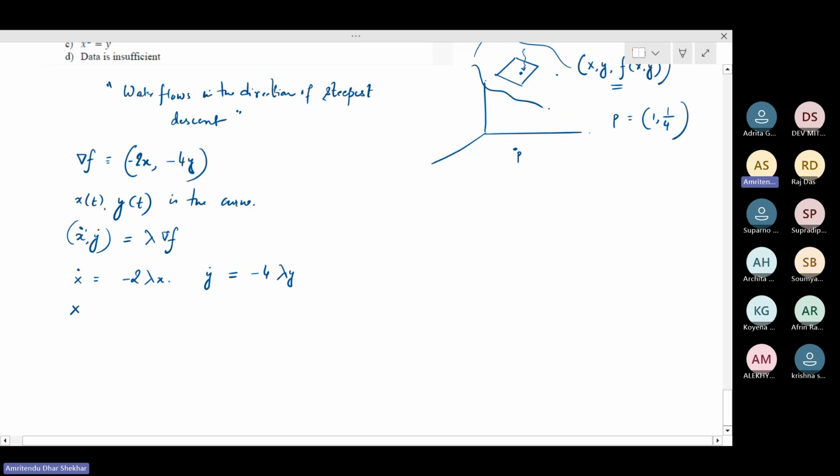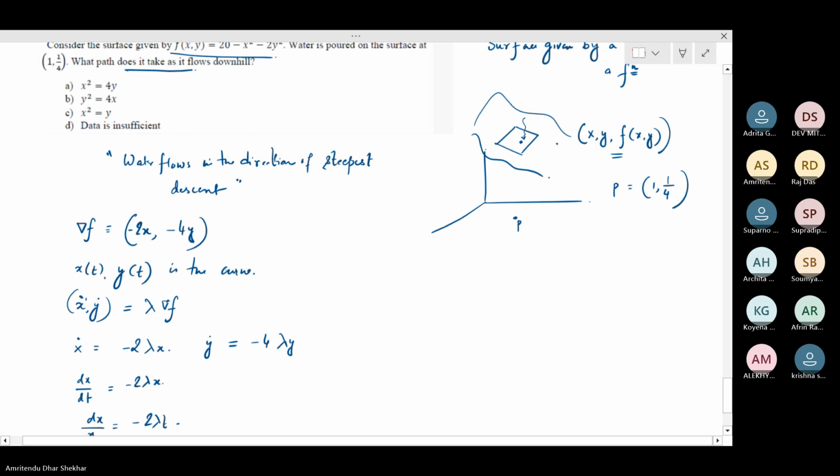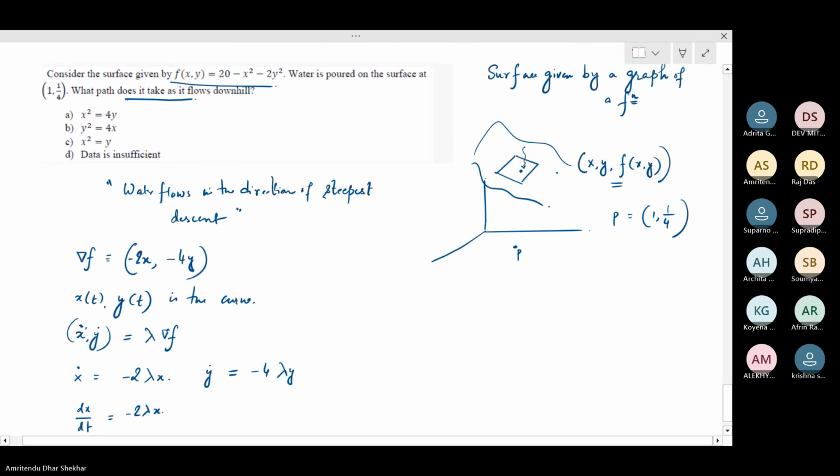So you get dx upon dt is equal to minus 2 lambda x. So that gives you dx upon x is minus 2 lambda dt.